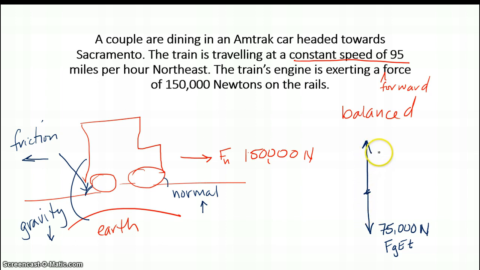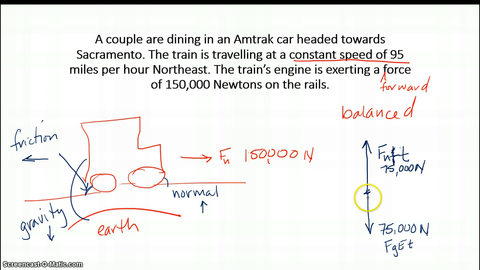It doesn't look quite equal, but my apologies. This is a normal force between the tracks and the train. Let's call them the rail. I'll make that an R, and the train. And that is going to have to be equal to the gravitational force of 75,000 newtons.